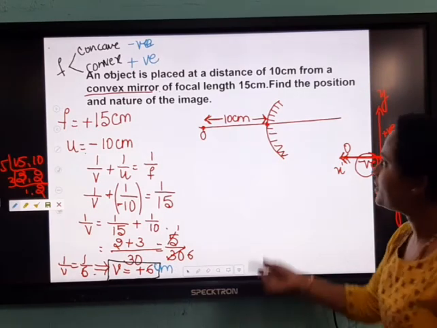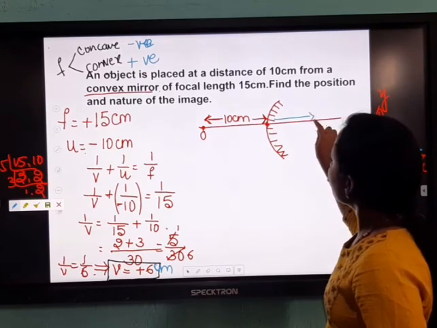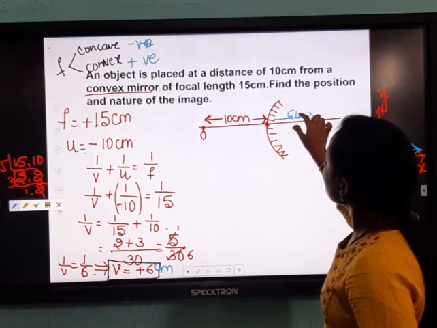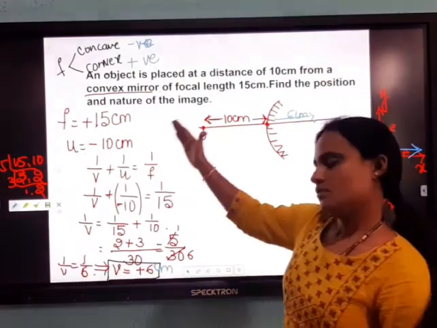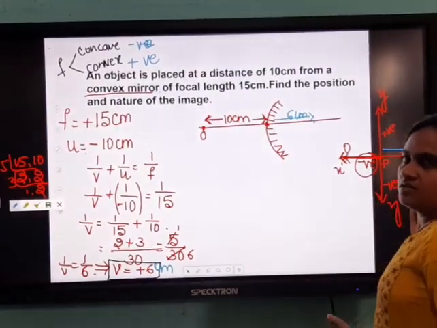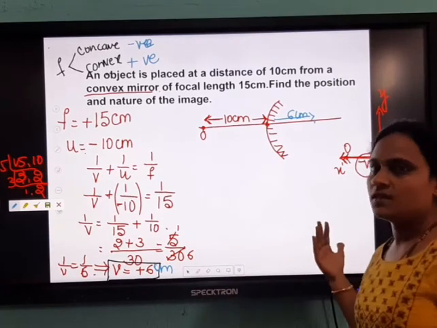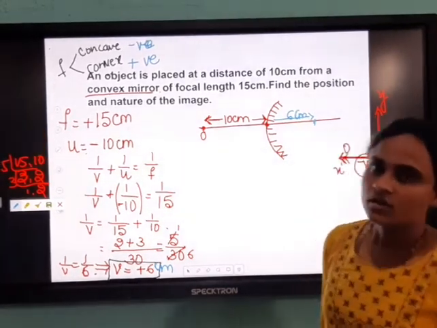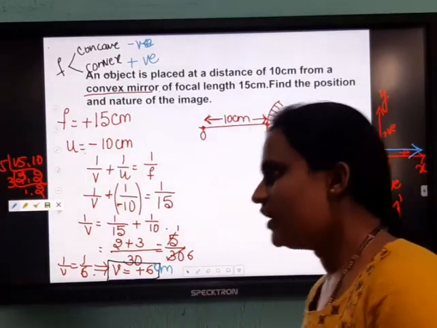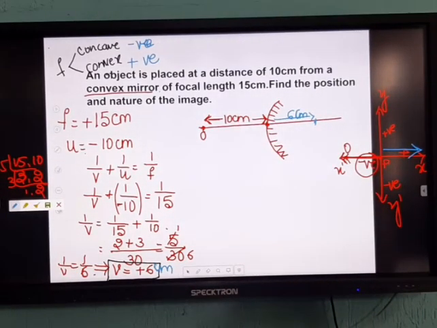So the image will be formed on this side, somewhere at 6 centimeter. So the image is formed behind the mirror, not in front of it. Right? Now you know the position of the image.